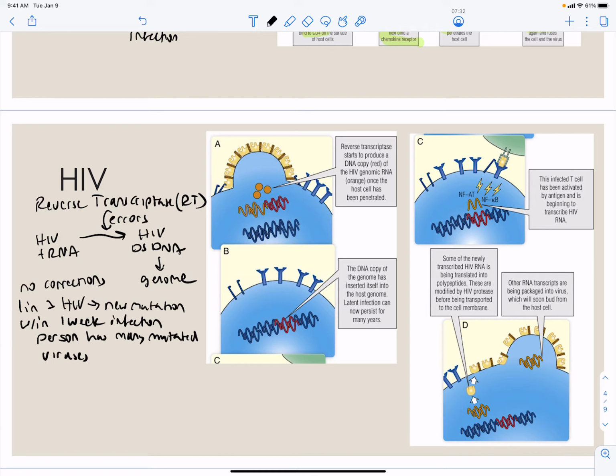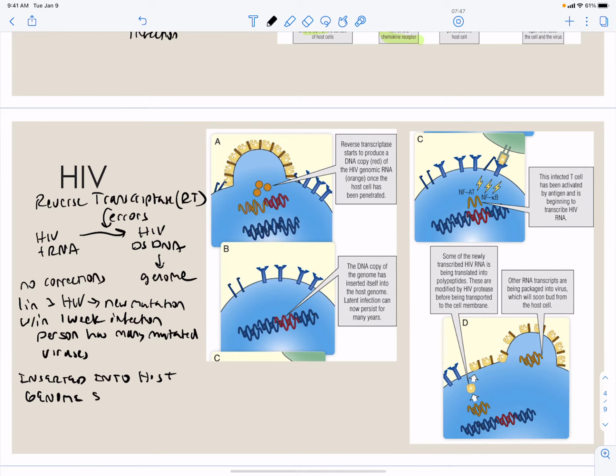And then once inserted into the host genome, it becomes similar to host genes. Which means that it's silent until activated.